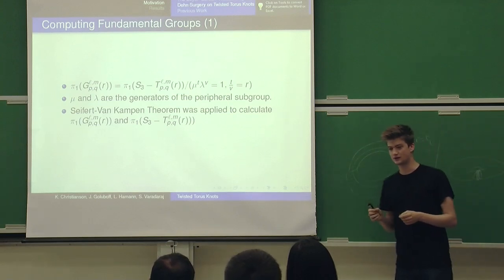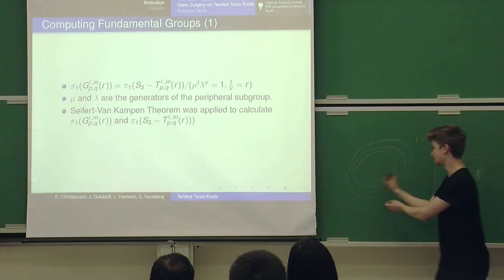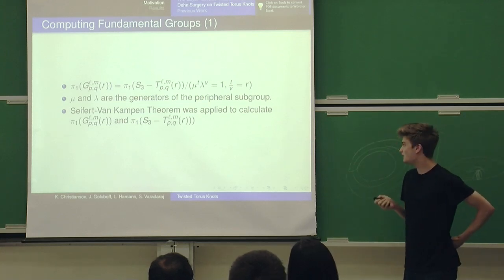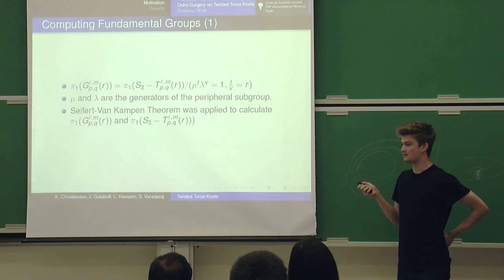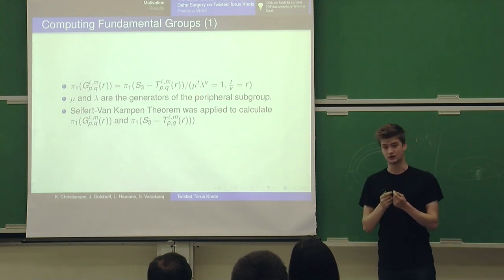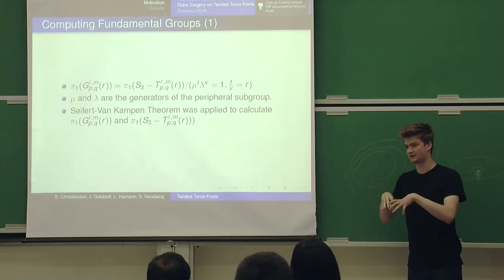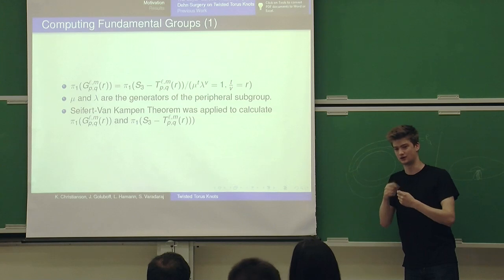So in Dehn surgery, you're gluing back in this torus along a slope of rational number r. Say you have generators mu and lambda corresponding to the torus that's sitting inside your original 3-manifold before you glue back in the torus.